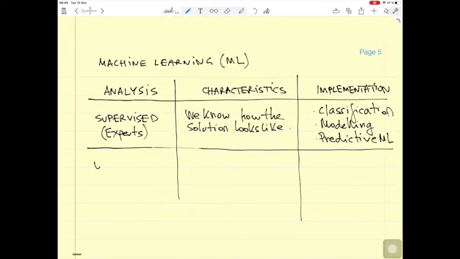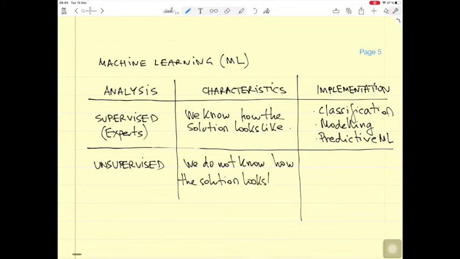Then we look at some unsupervised machine learning analysis models. Here we do not know how the solution looks like.